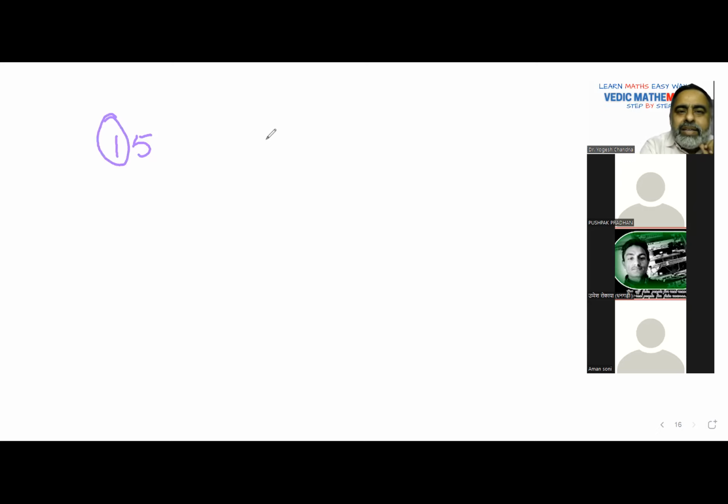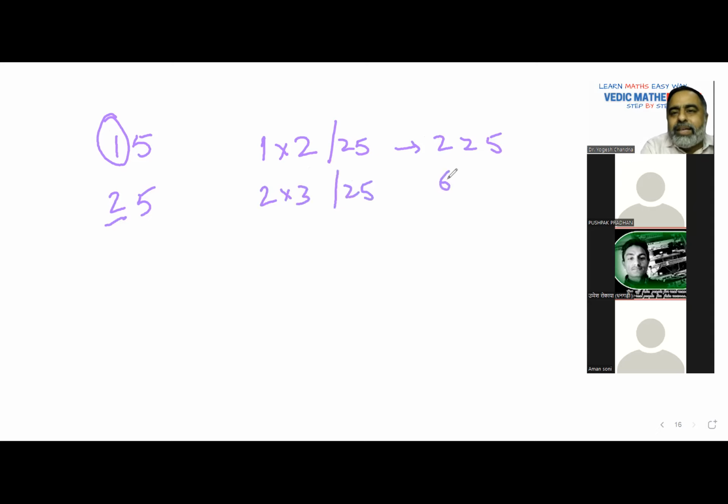A means 1. What is A plus 1? 2. 2 into 1 is 2, so the answer is 225. Now 25: 2 into 3 is 6, so 625. This is known as Ekadhikena Purvena Sutra.